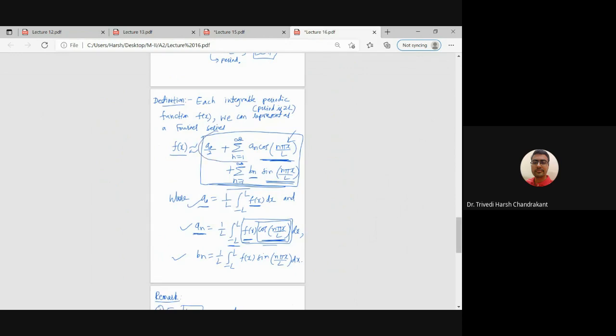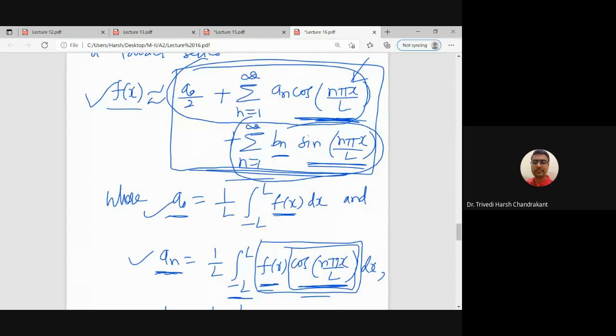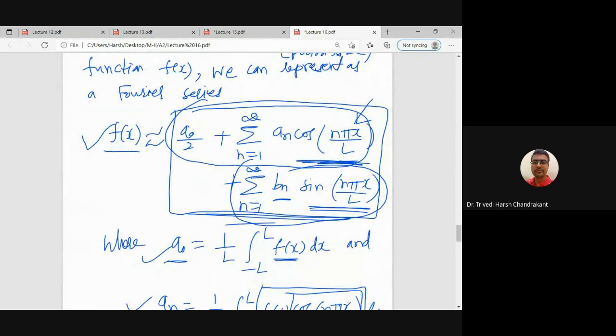The first part is the cosine series, the second part is the sine series, right? So whenever we are asked to find the cosine Fourier series, we find this part. And whenever we are asked to find the sine Fourier series, we need to find this bn part.